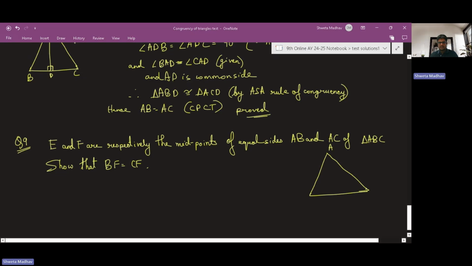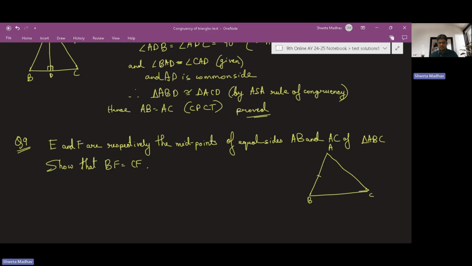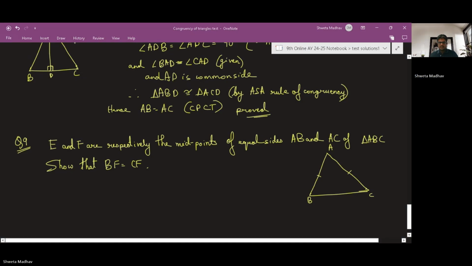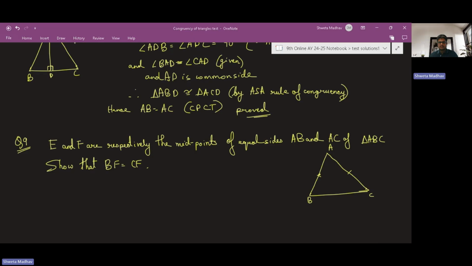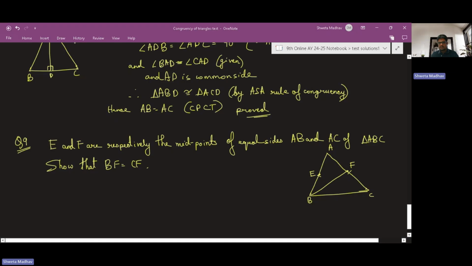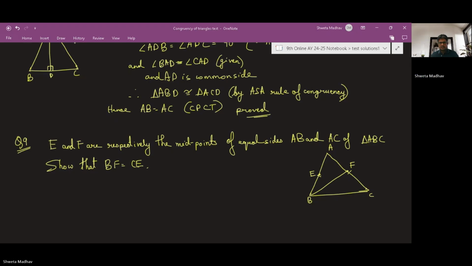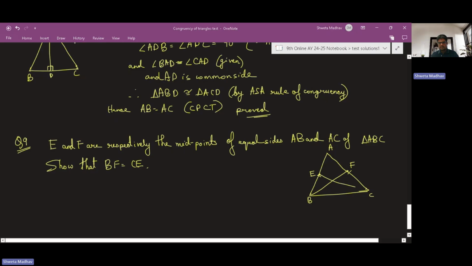This is AB and AC, so AB and AC are equal sides, and E and F are their midpoints. So we have to join BF and CE. We have to show that BF is equal to CE.